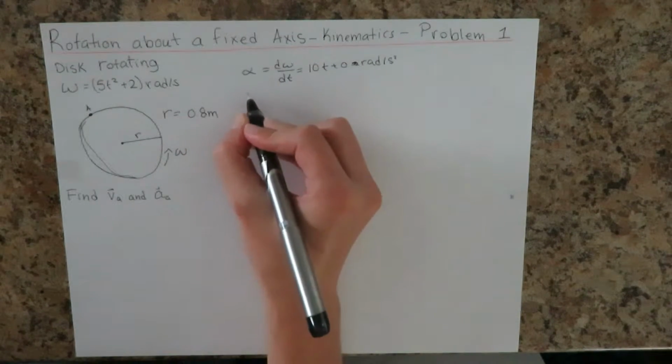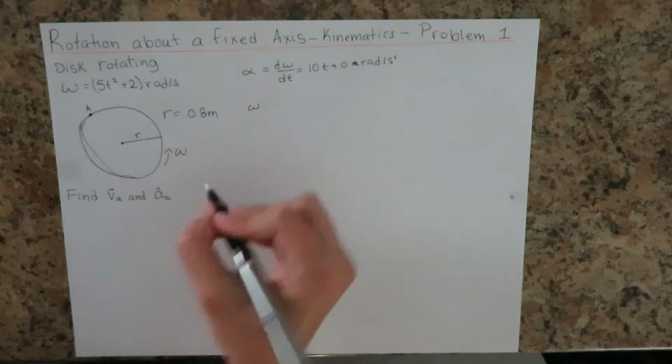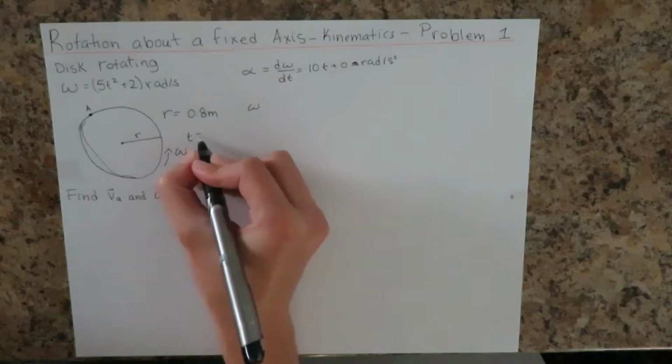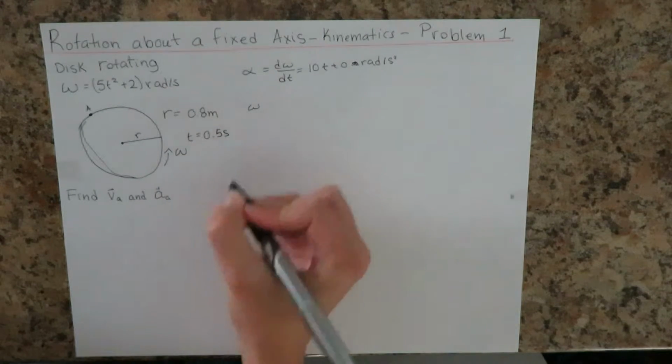So I'm going to just sub in for our time now. I forgot to write it, but the time the question asks us to solve at is equal to 0.5 seconds.